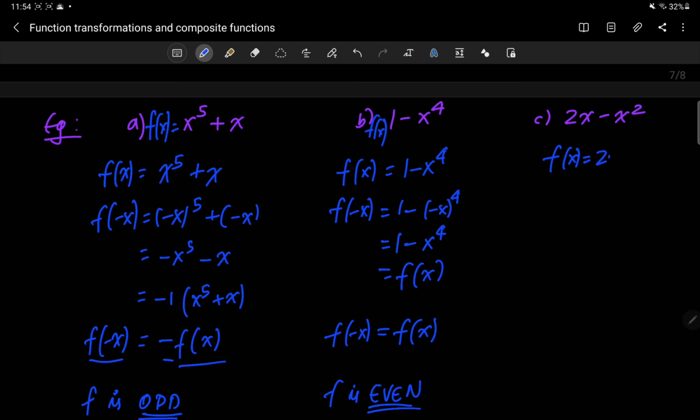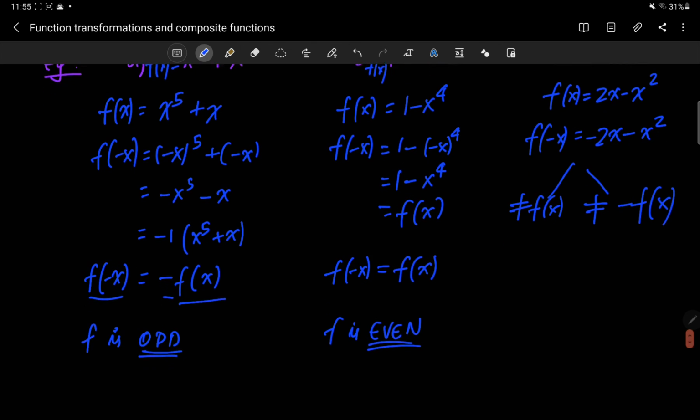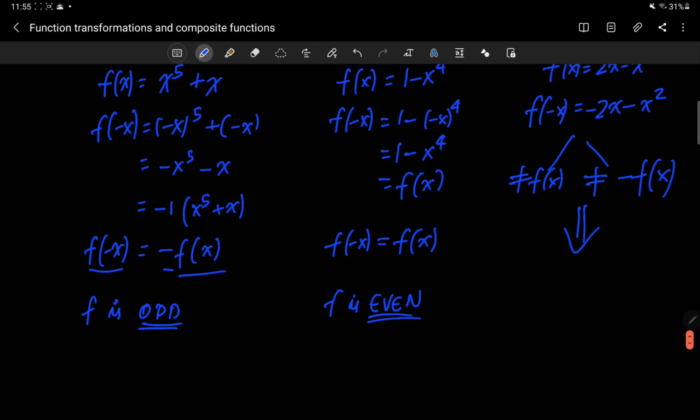The third, f of x is 2x minus x squared. Making the input negative makes it negative 2x minus x squared. But now here, this is not equal to the function, and it's also not equal to the negative of the function, which is alright because this is a special case where it is neither odd nor even.